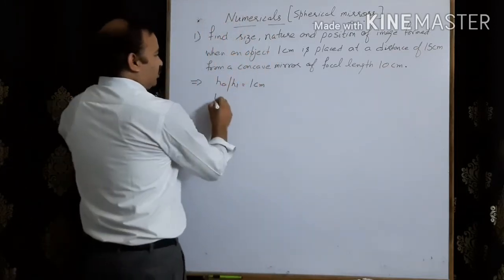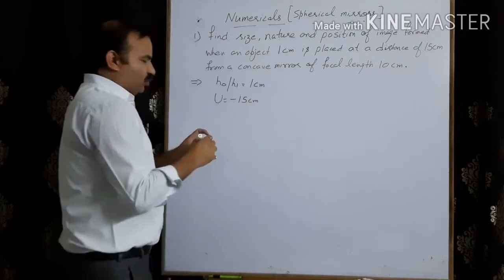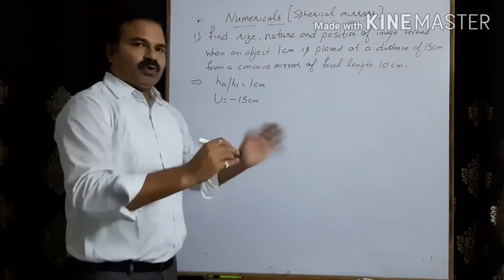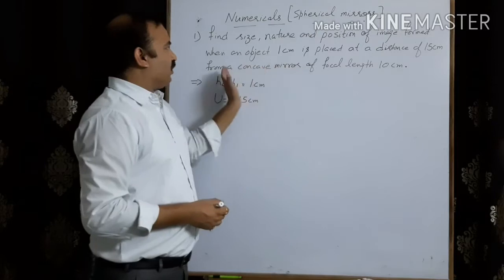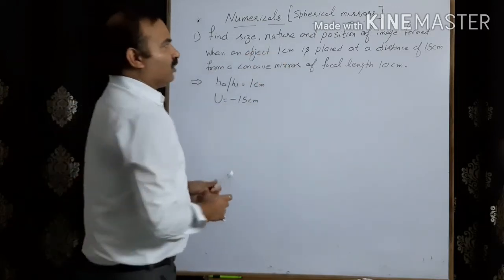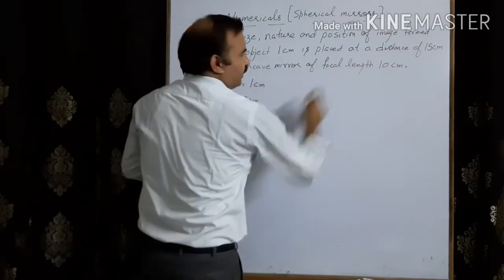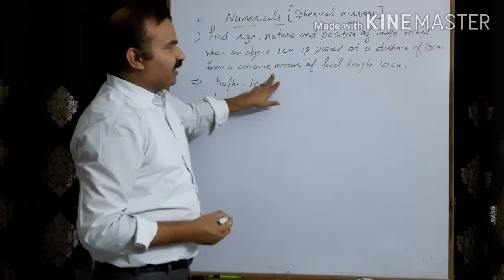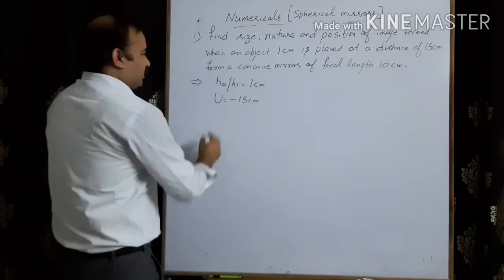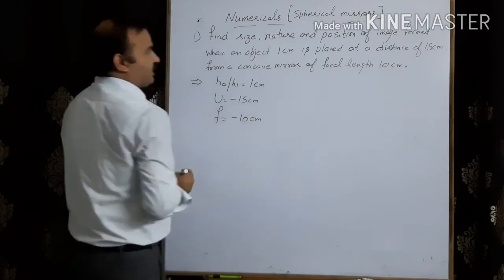It means U is equal to 15 centimeter. U is always negative. So from a concave mirror of focal length 10, as it is a concave mirror, the focal length is also negative, that is minus 10.